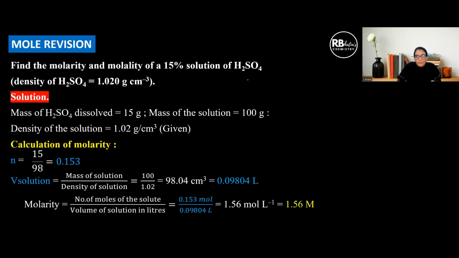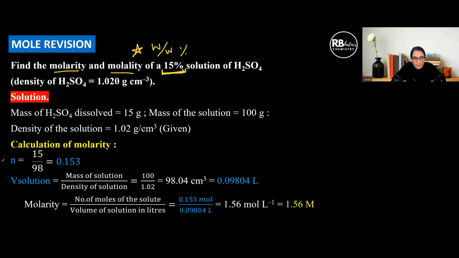The next is find. You have to just be careful about what is given, whether percentage is given as weight by volume. So it's just about being very clear about masses and volumes. Find molarity and molality of a 15% solution of sulfuric acid. Now, please understand, if nothing is mentioned with percentage, we assume it to be percent weight by weight, that is mass percentage.